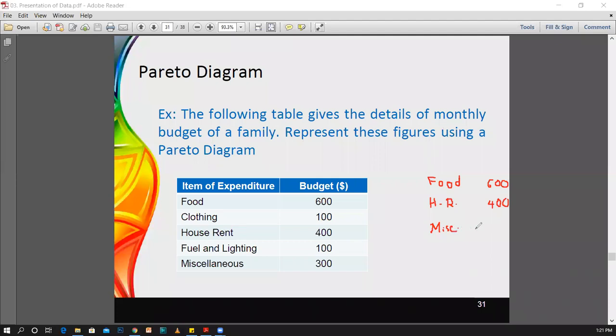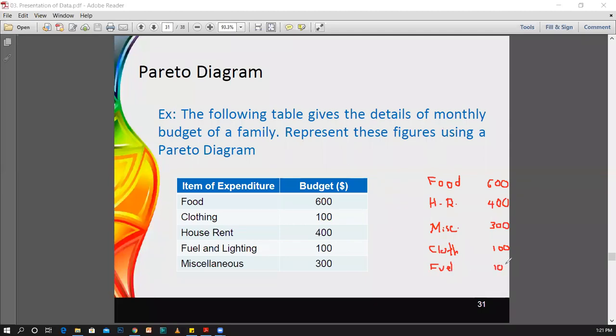For miscellaneous, they have allocated 300, and then the least values are for clothing and fuel. For clothing, they have allocated $100 and for fuel and lighting, again another $100.